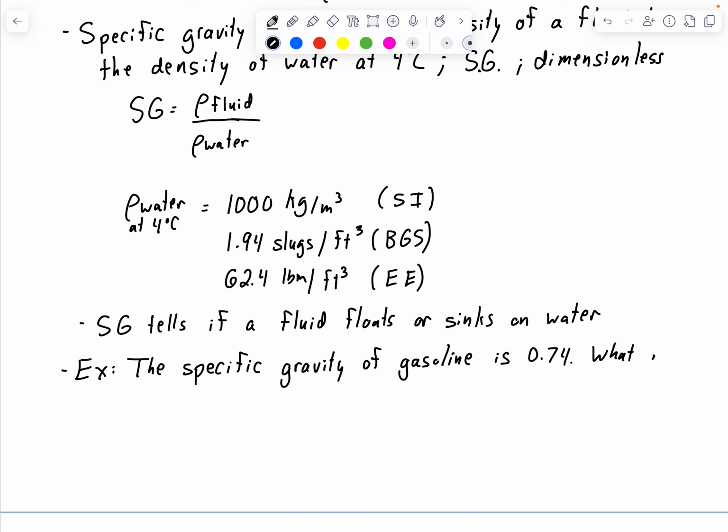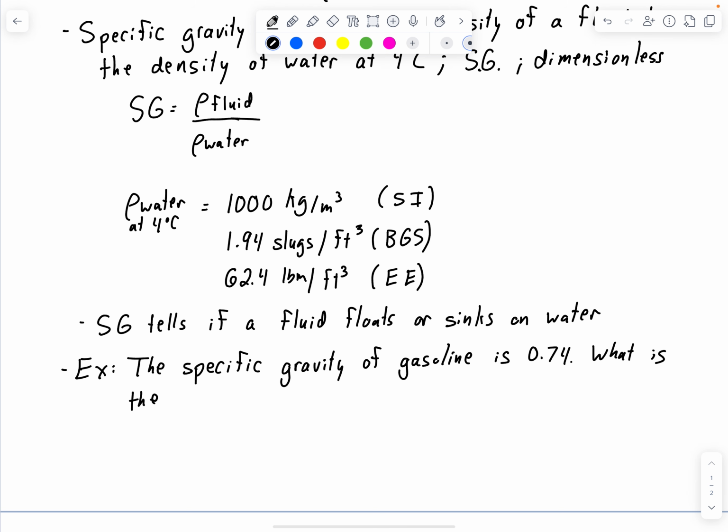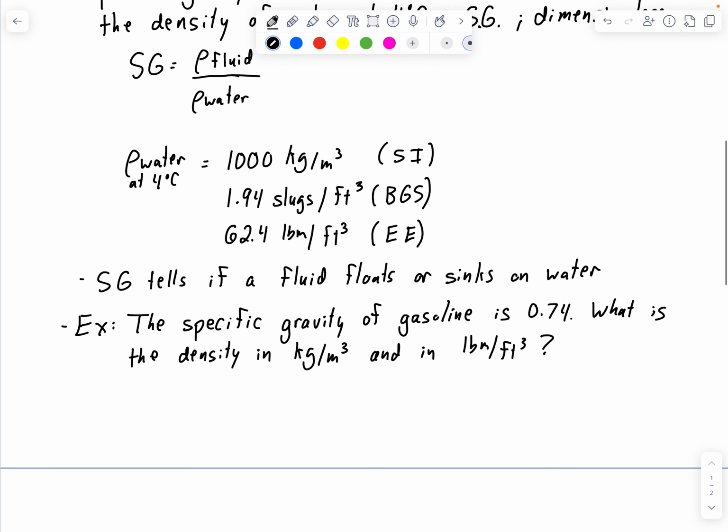And so we want to find what is the density in both kilograms per meter cubed and in pounds mass per foot cubed. So here we just go back to our equation for specific gravity. We say that equal to 0.74. And we know that that's equal to the ratio between the density of the gasoline and the density of water.